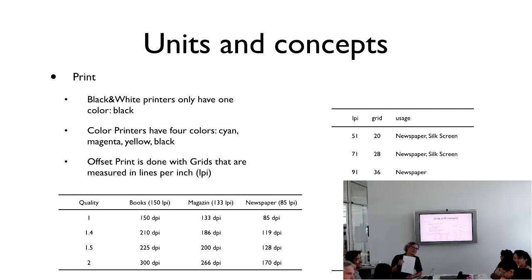What is the full title of A4? It's called DIN A4. What does DIN stand for? It stands for Deutsche Industrienorm, so German industrial norm. So this size you can either blame or cherish the Germans for.